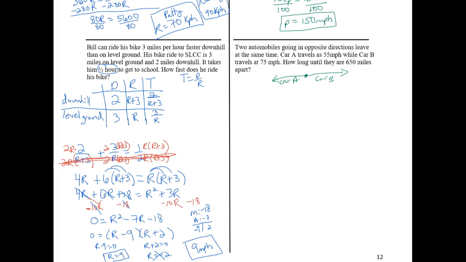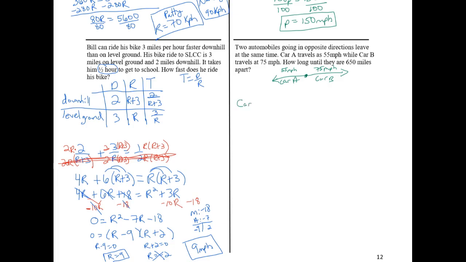Now their distances are going to be different because one is traveling at 55 miles per hour and the other is traveling at 75 miles per hour. So even though they're traveling for the same amount of time, car B is going to end up going further because it's traveling faster, right? And that's all the information we know.